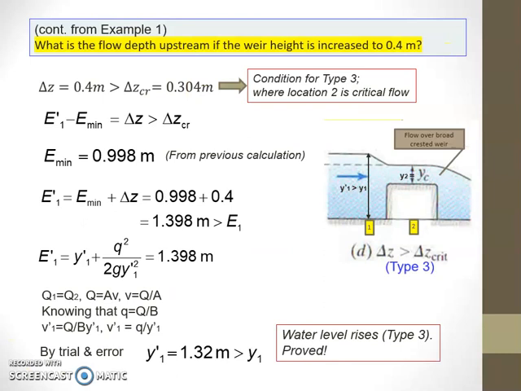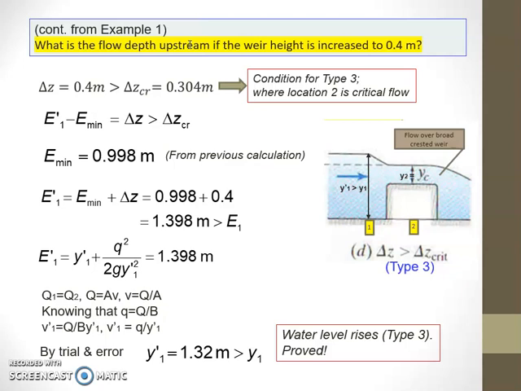Okay, so what if the weir height is increased to 0.4 meter? Determine the flow depth at the upstream. So now, previously you already calculated that delta Z critical, the weir height that creates critical flow, is equal to 0.304.